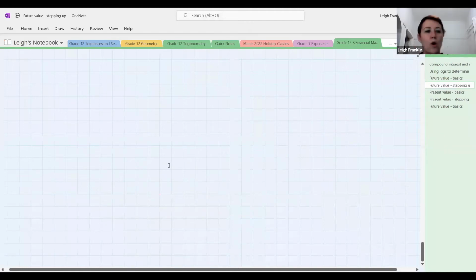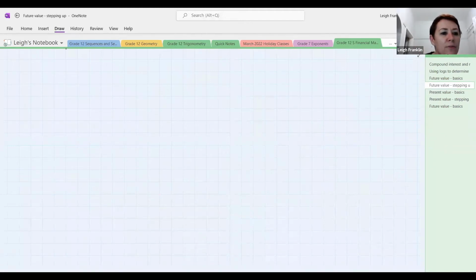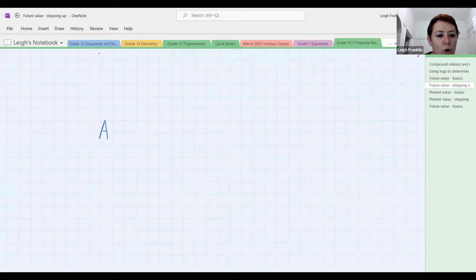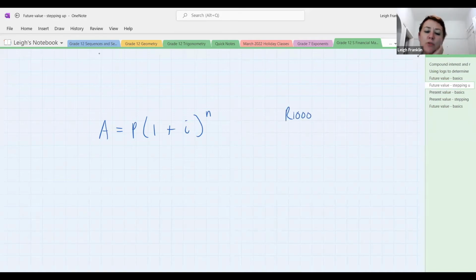So we have compound interest. Let's make up a scenario. Let's pretend that we deposit 1,000 Rand into an account, a once-off thing, and the interest rate is 10% per annum, but it is compounded monthly.